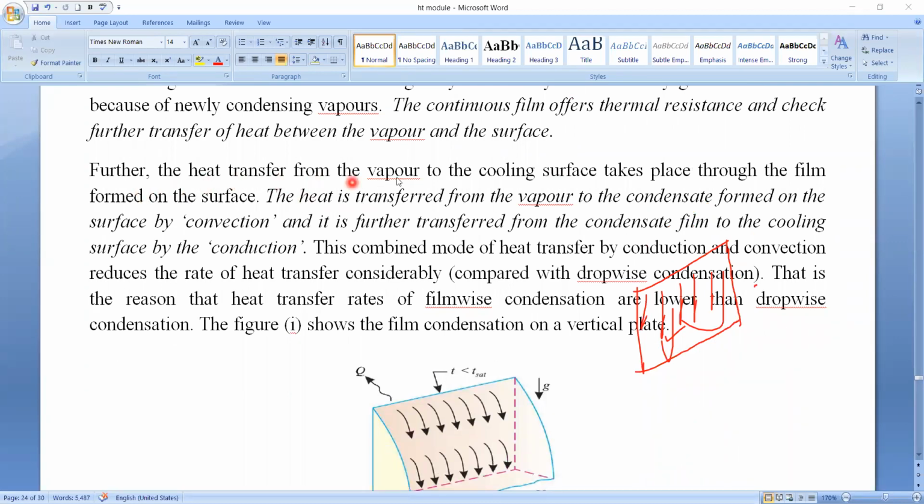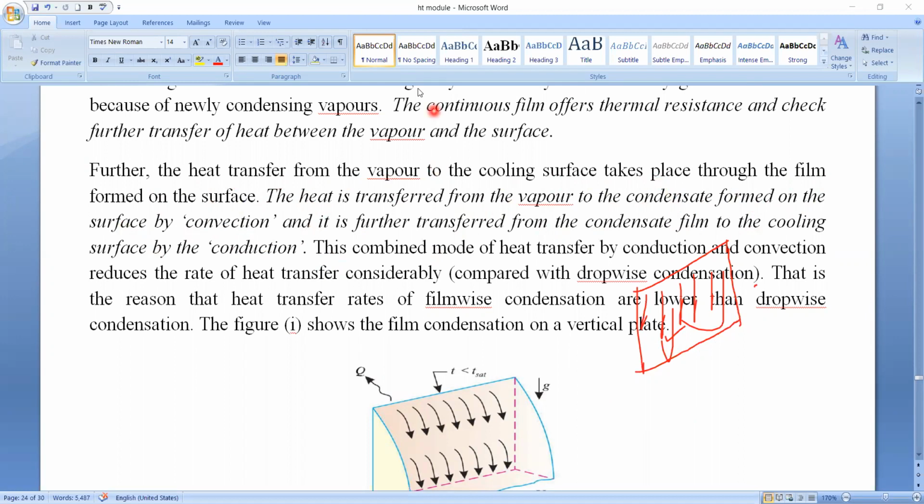Further, heat transfer from vapor to the cooling surface takes place through the film formed on the surface. The heat is transferred from vapor to the condensate formed on the surface by convection, and it is further transferred from the condensate film to the cooling surface by conduction. Now this is very important.